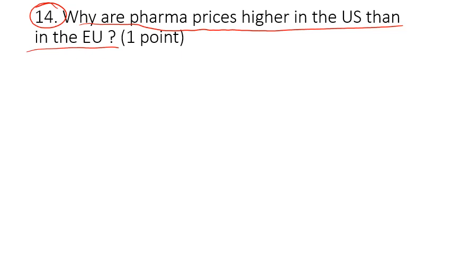Well, because in the US, the pharmaceutical companies are pretty much protected by the government, which means that they have monopolistic power, oligopolistic power. And that means that they're able to charge higher prices.